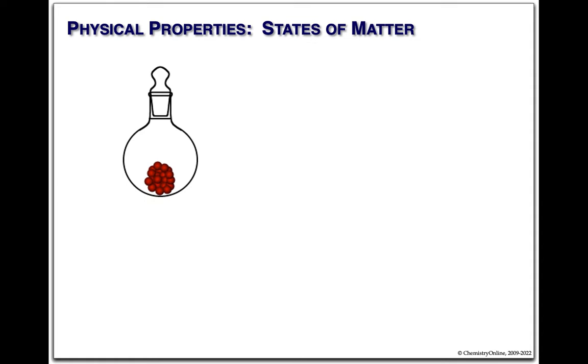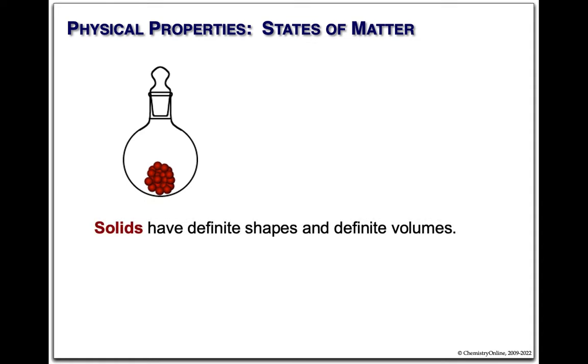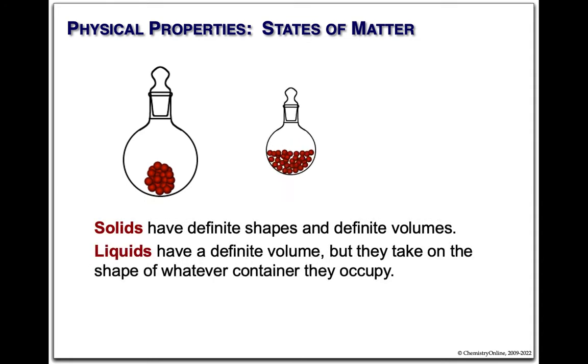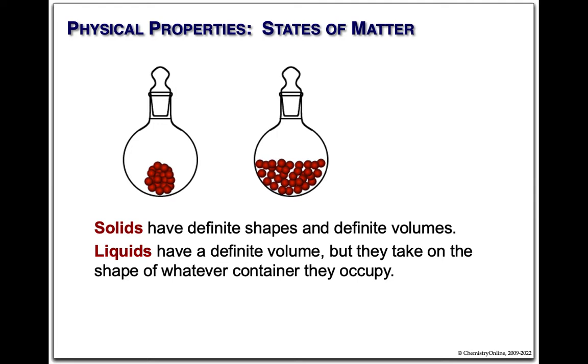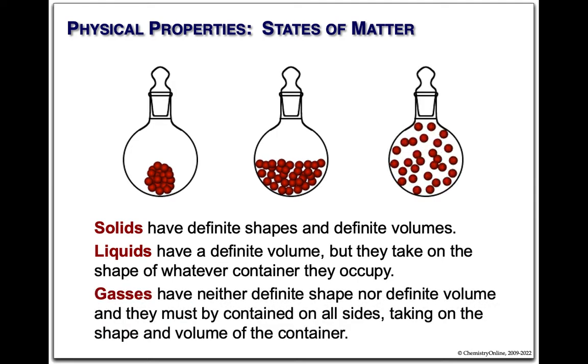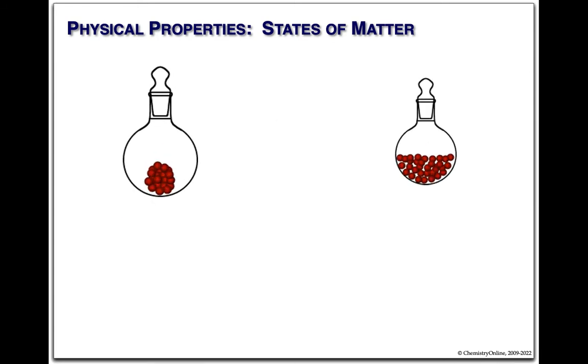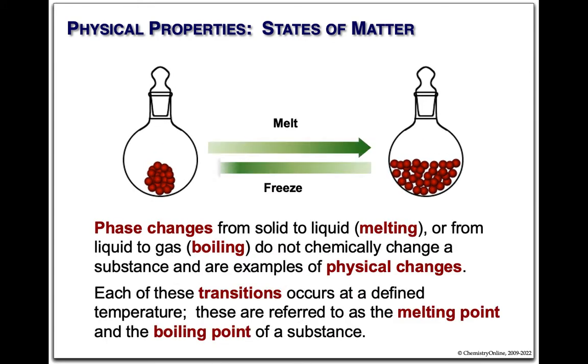Transitions. Start with a solid. Solids have defined shapes and volumes. Liquids have defined volumes, but they take on the shape of the container. And gases, free spirit, they take on the shape of anything, and they move very, very rapidly. If we start with a solid, we can go to a liquid simply by putting energy in.